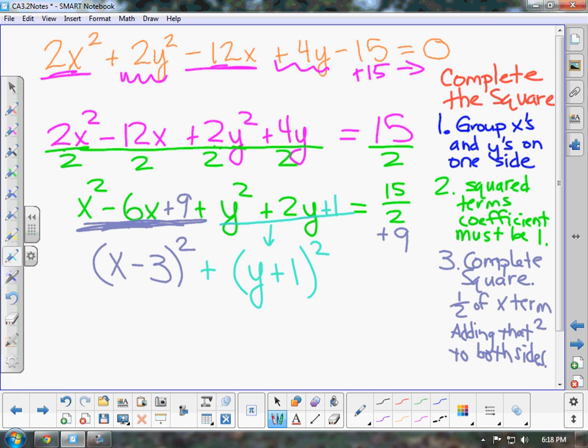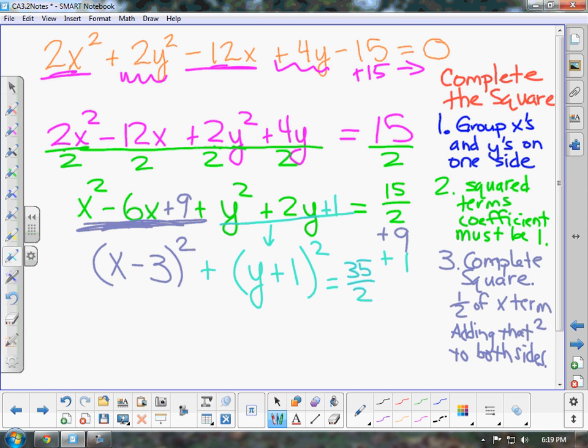You have to add 1 to it, which gets you y plus 1 squared. So then we add 1 to the other side as well. And now adding all of this up, you will get 35 over 2. And now we have it in the proper form. That's the process of completing the square.